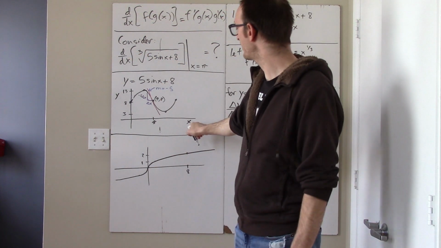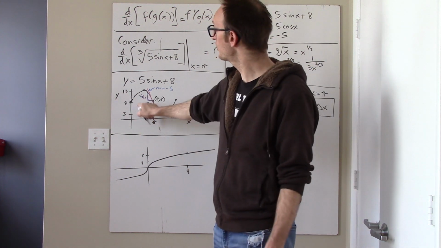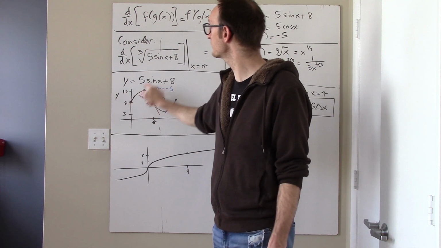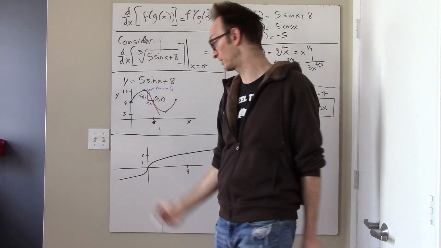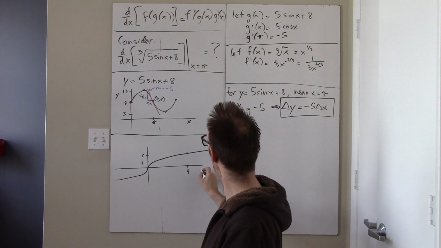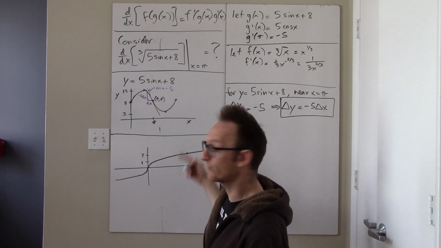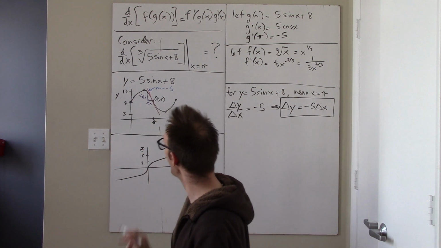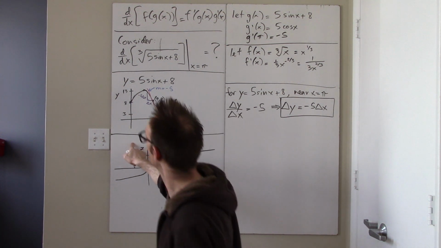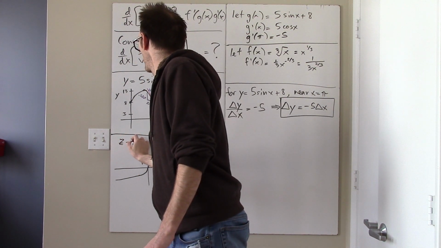In other words, if I'm plugging in x values initially and I get y values out, then those same y values come out of the 5 sine x function and are the things getting plugged into the cube root function. And so I'm going to call this horizontal axis, the input axis of my outer function, y, and I'll call the output of that z. In other words, for clarity, this curve is z equals cube root y.